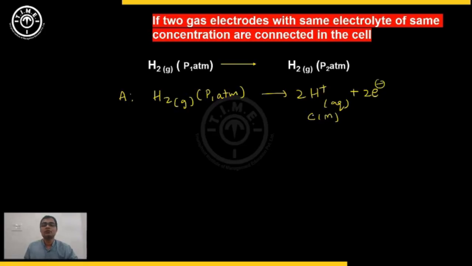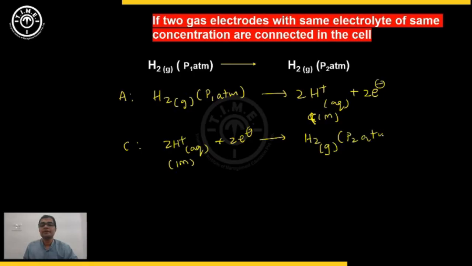Next, at the cathode, 2H plus ion in aqueous state, its concentration also 1 molar, by gaining 2 electrons gives H2 gas at pressure P2 atmosphere. In the overall cell reaction, the 2H plus ions cancel, the 2 electrons cancel, and H2 gas at P1 atmosphere gives H2 gas at P2 atmosphere.